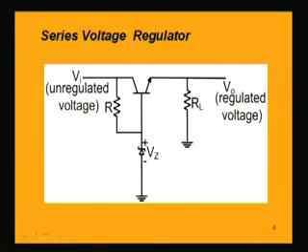Even though this input is unregulated, we want the output voltage to be a regulated one. That is done by this circuit. In what manner it does, let us analyze that. The voltage at the output is obtained across this load resistance RL, and this transistor is the controlling element, and we have a reference voltage given by the Zener voltage of this Zener diode.